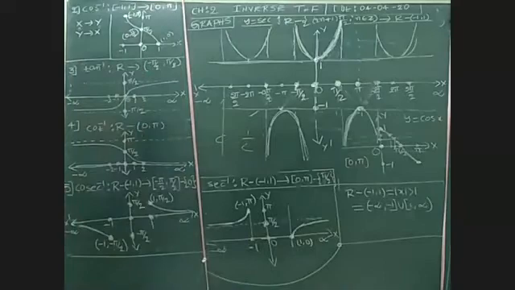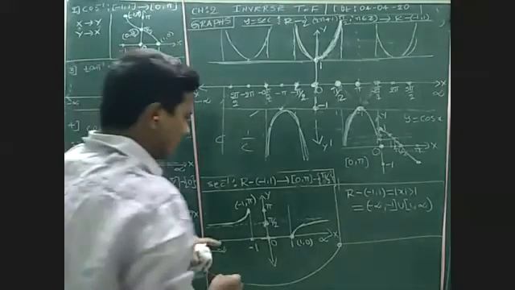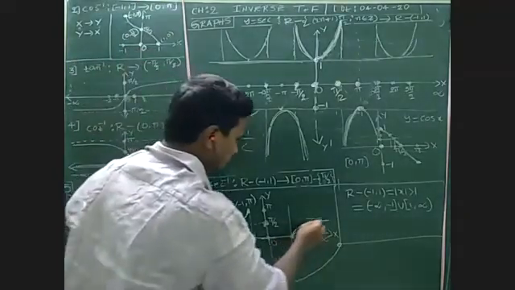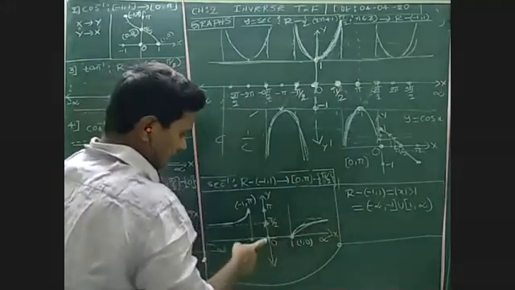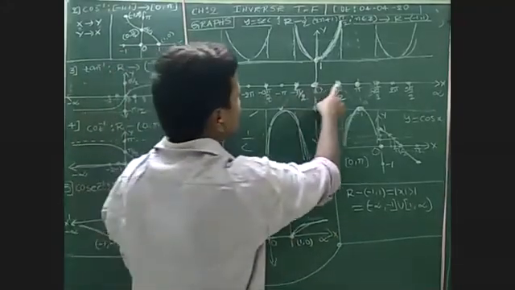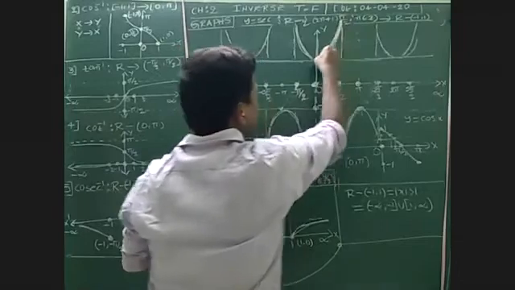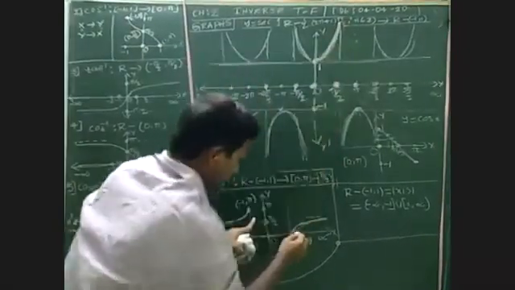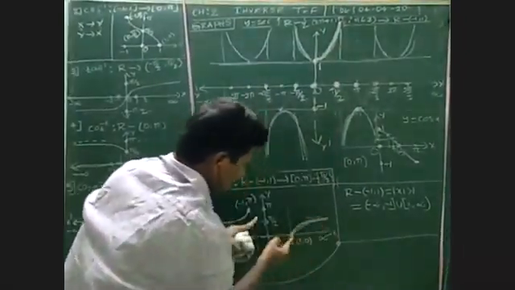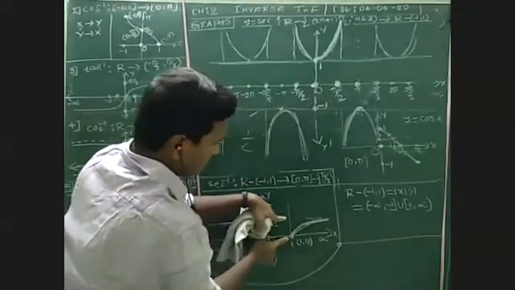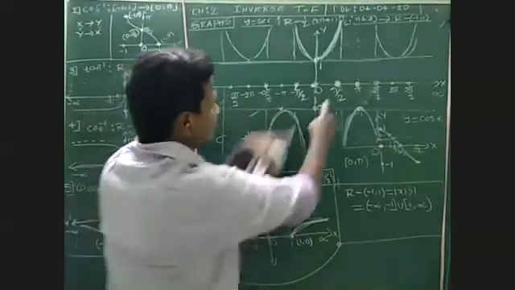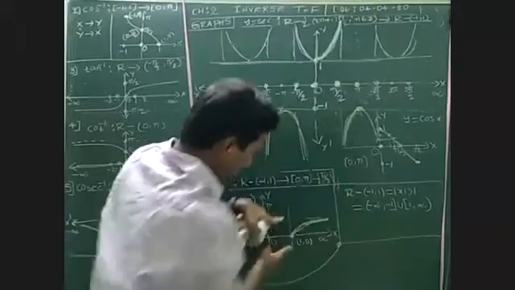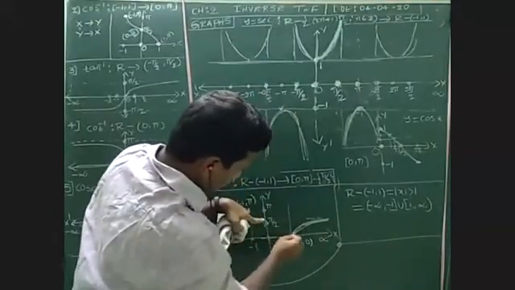I interchanged x values and y values, and observe that from 0 to 90 the curve exists. The same loop you can draw, 0 to 90, there exists a loop.